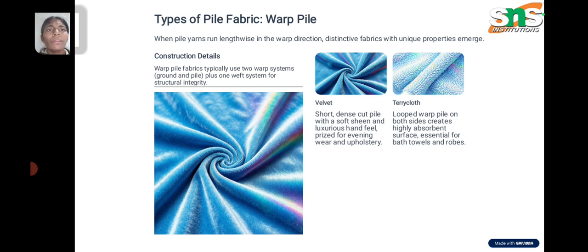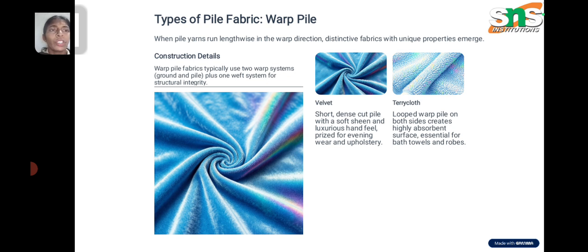Construction: warp pile fabric typically uses two warp systems, ground and pile, plus one weft system for structural integrity. Examples of warp pile fabric are velvet and terry cloth. These two fabrics are major examples of warp pile fabric.